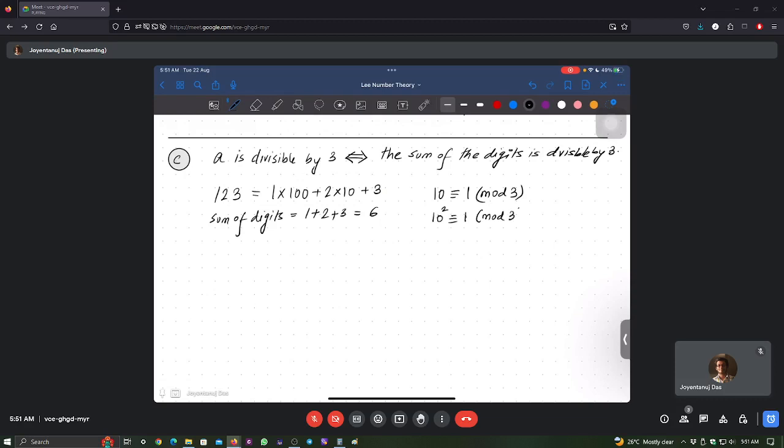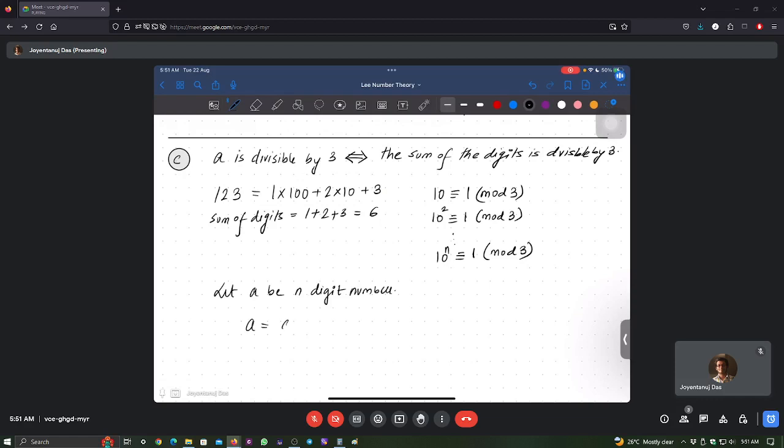You can check that any power of 10, 10 to the n, is 1 modulo 3. So suppose A is an n digit number, where n can be anything.